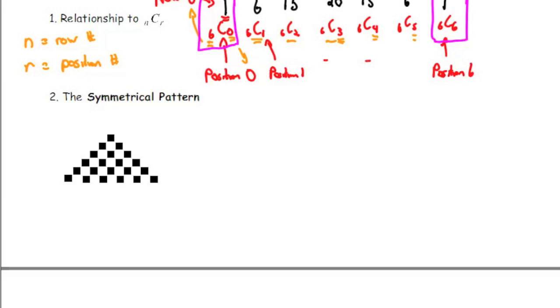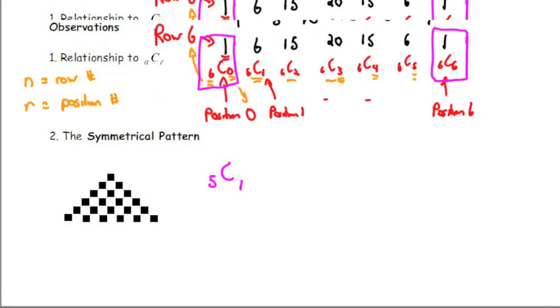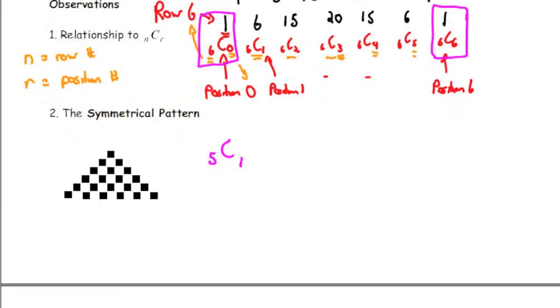Well, let's try and prove that. If we take a different situation altogether, let's say we want to take 5 choose 1. If we go up to the row, 5 choose 1 is 5. That should be equal to 5 choose 4. Well, let's use the actual formula to calculate these combination numbers.